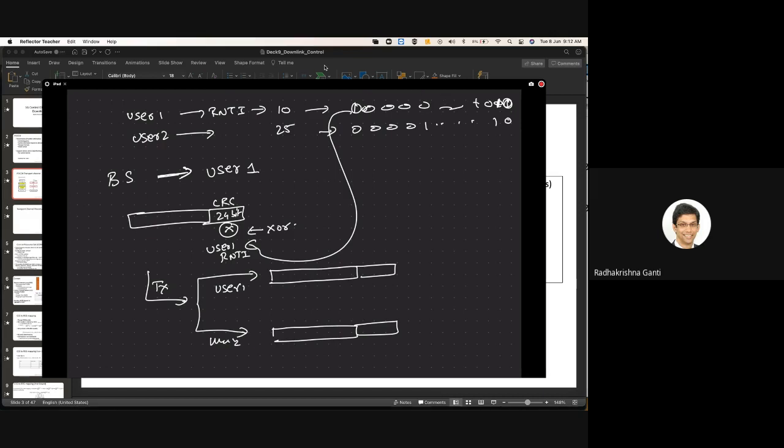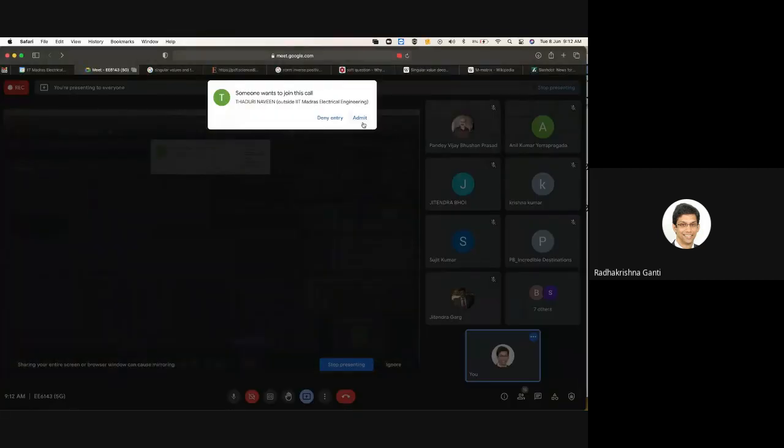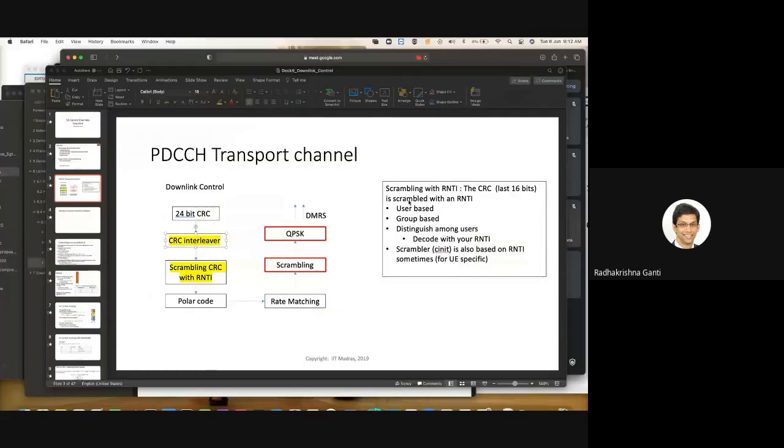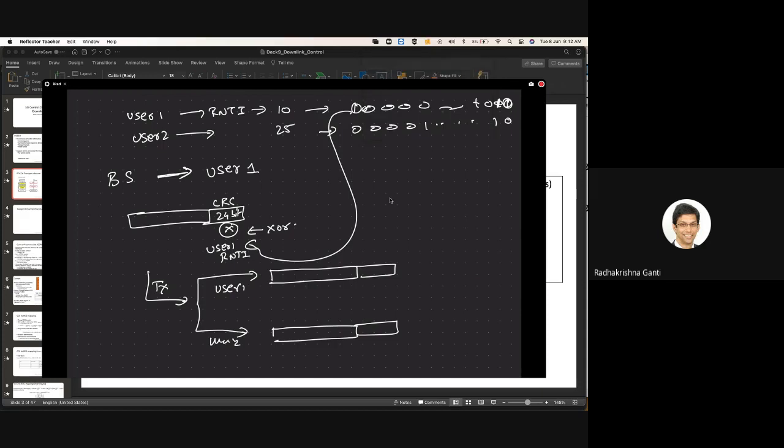User 1 will XOR the CRC with his user 1 RNTI.